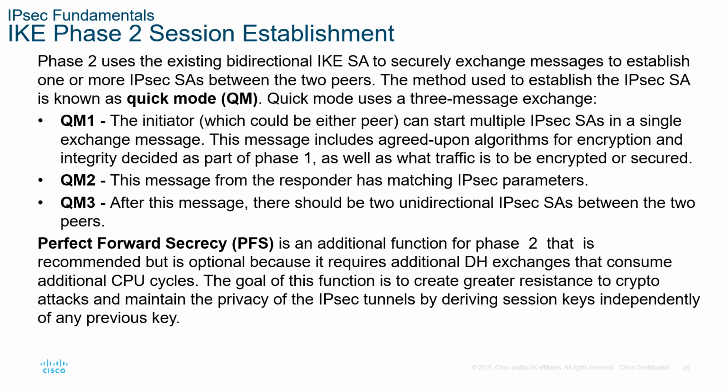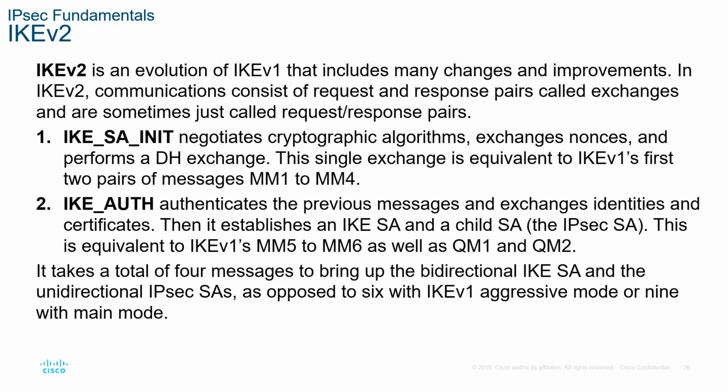So moving on, we have our IKE. We already talked about IKE having two versions, version 1 and version 2. Version 2 is an evolution of IKE 1 that includes the exchange and improvements for some of the issues. In IKE 2, communication consists of request and response pairs called exchanges, and are sometimes just called request-response pairs. There are two main types.